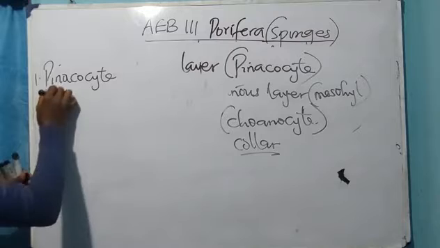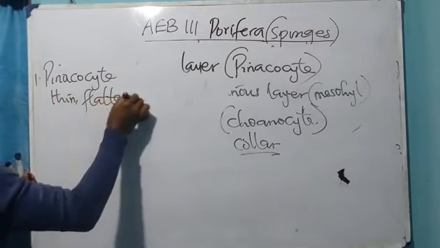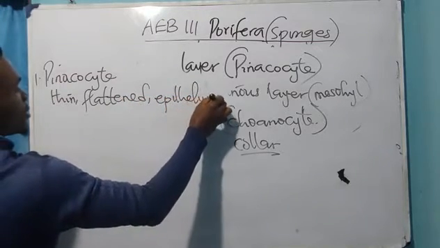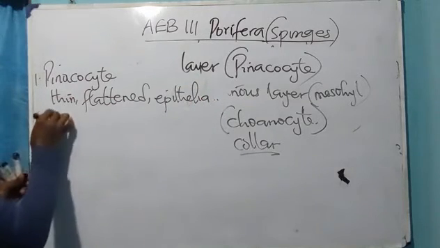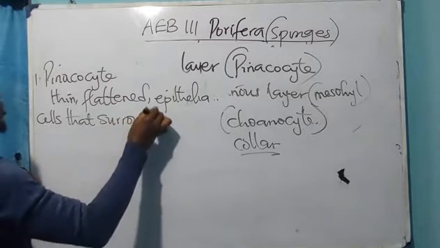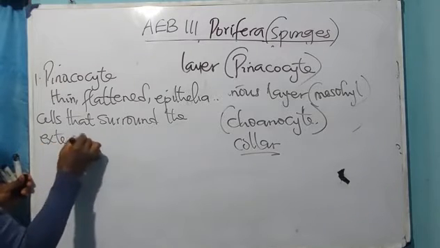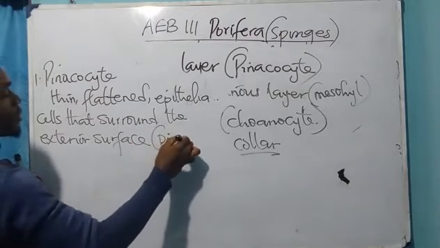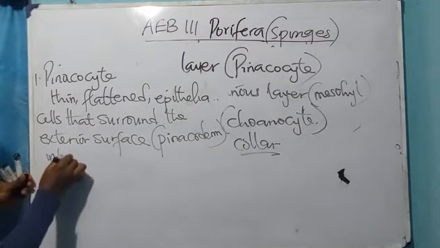The pinacocyte is a thin and flattened epithelial cell that surrounds the exterior surface. This exterior surface is called pinacoderm, and some of the interior surface.